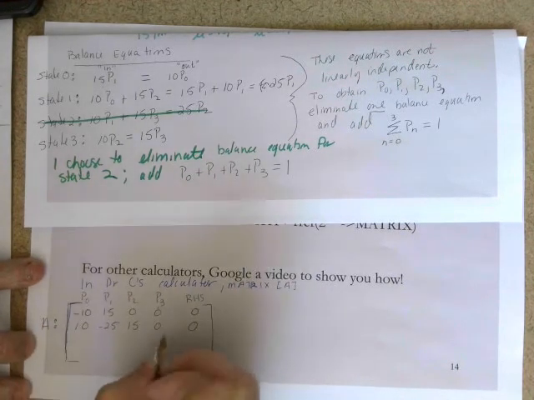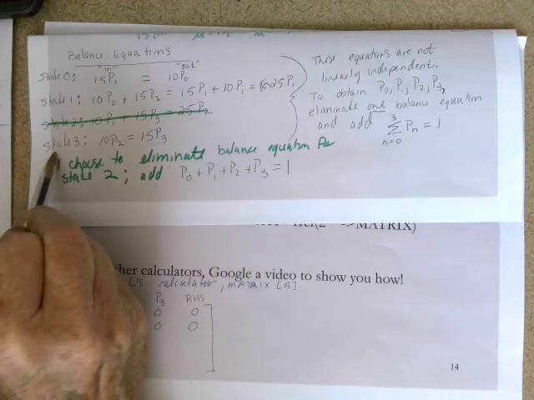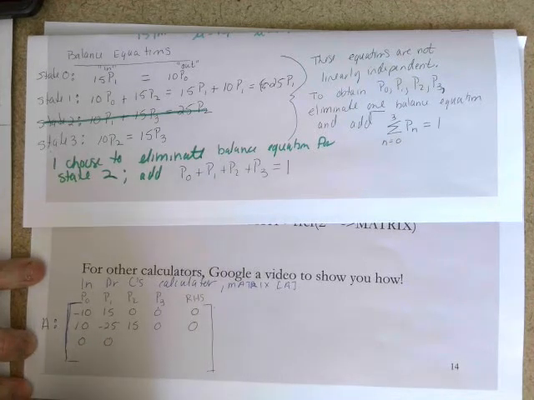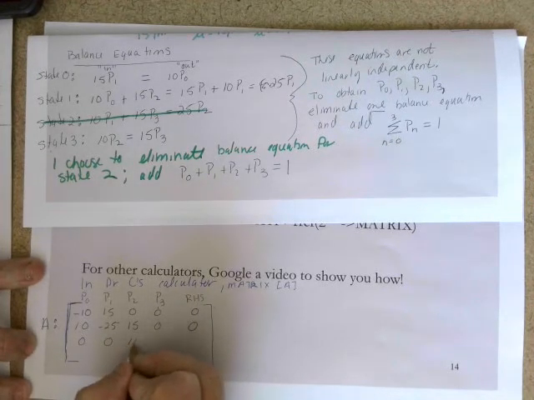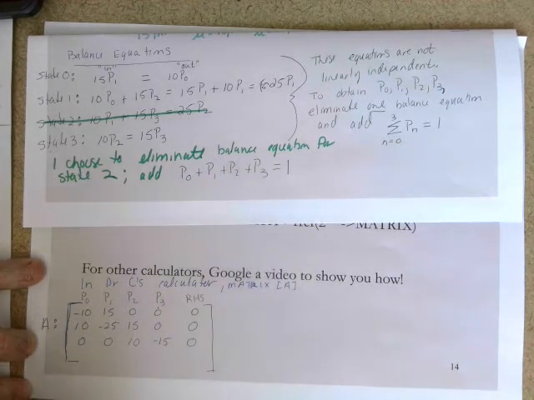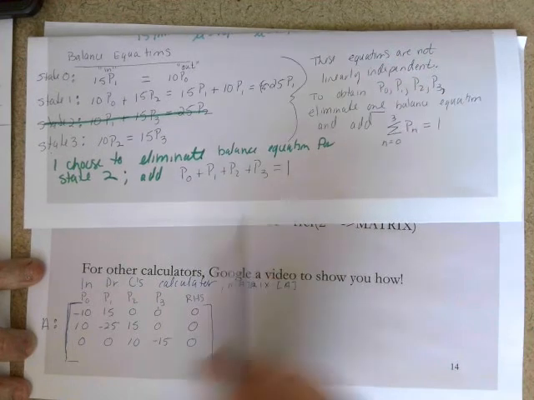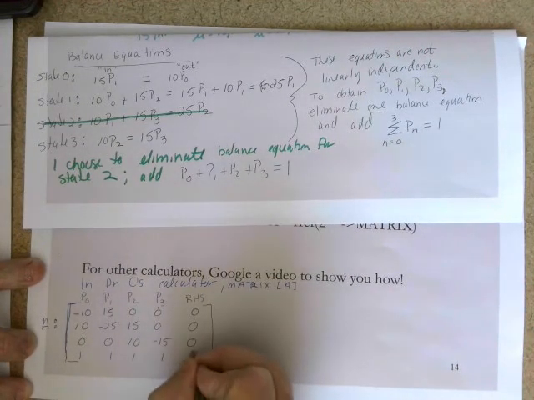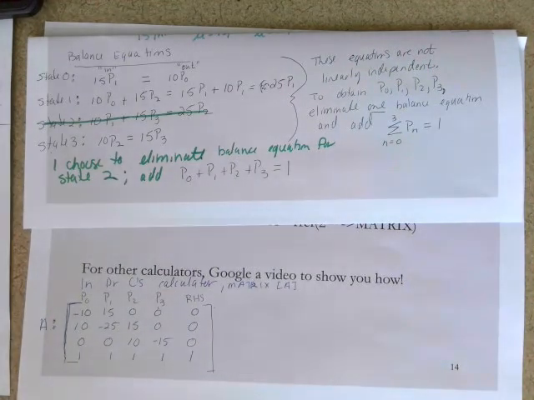My third equation, which corresponds to state 3, is going to have 0 for P0, 0 for P1 as a coefficient, a 10 here, and then a minus 15 here, and then a 0. And then finally, my last equation is going to have all 1s on the left-hand side, and also a 1 on the right-hand side. So this is my matrix that I put in the calculator.